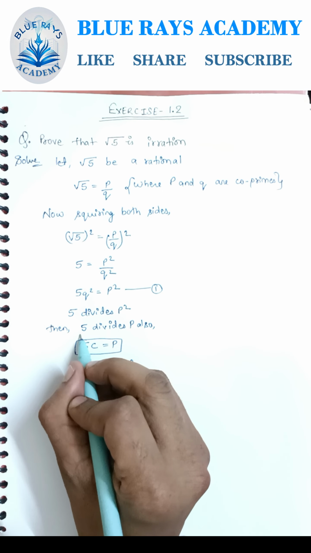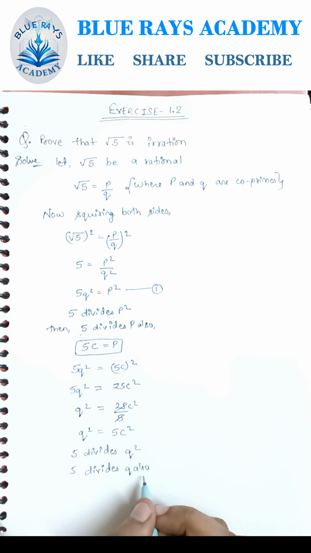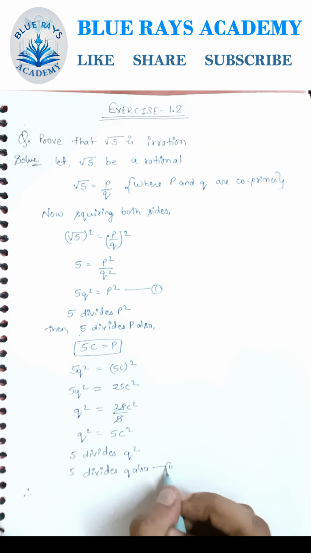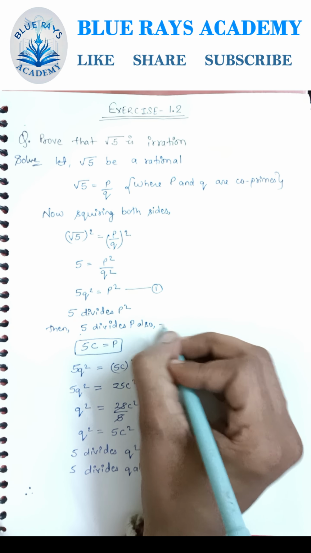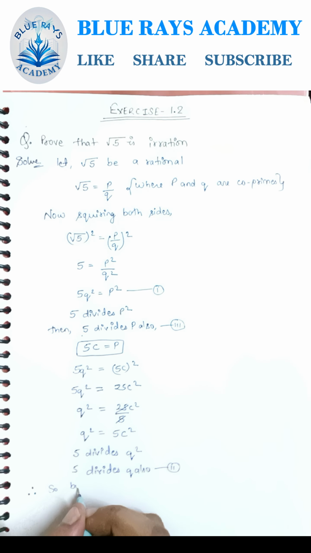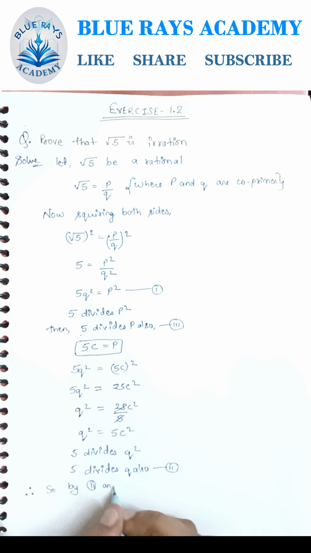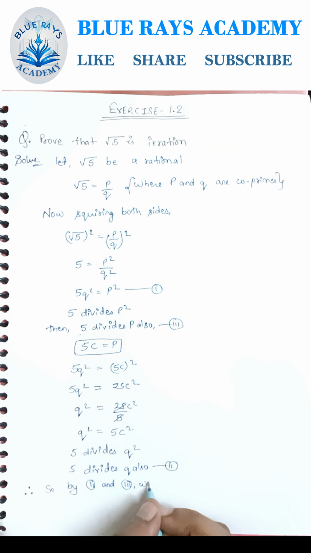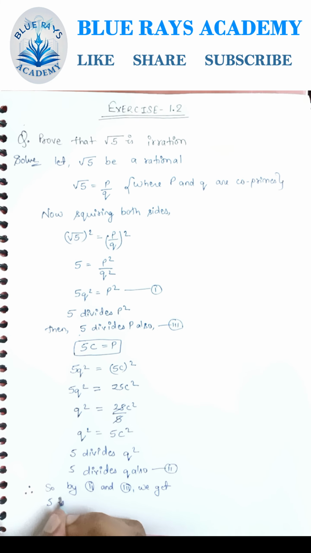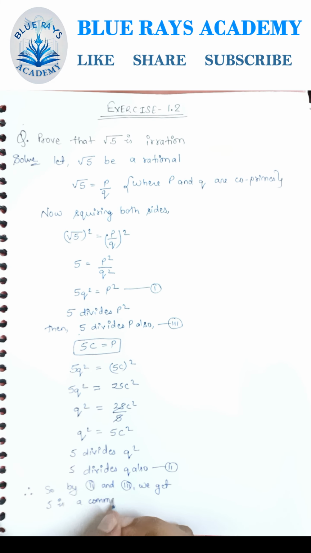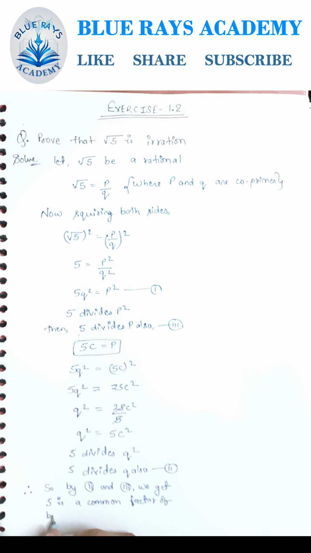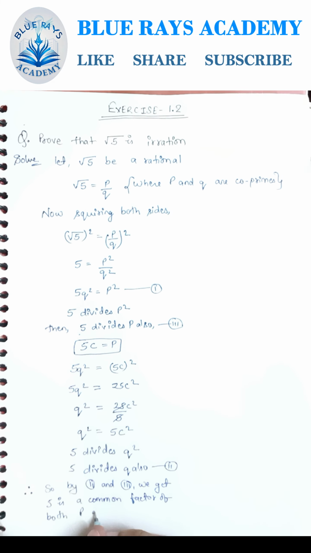Now we have seen that 5 divides p also and 5 divides q also. Therefore, consider this as equation 2 and consider this as equation 3. So, by second and third, we get that 5 is a common factor of both p and q.